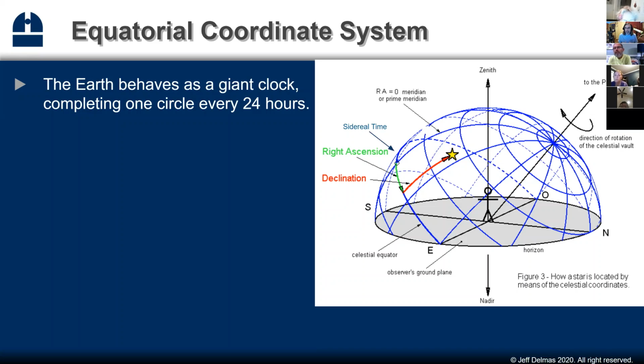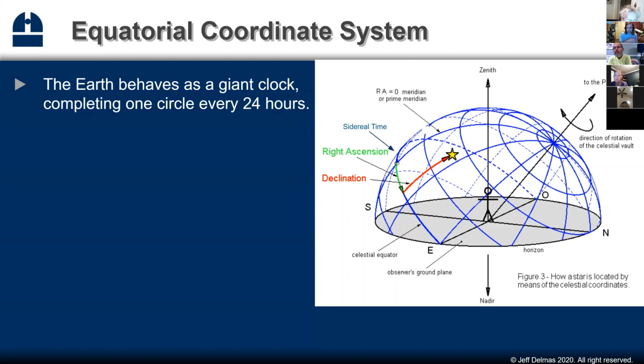Now, technically, there is a difference between solar time and what is called sidereal time, and that difference is 4 minutes, because it takes a little bit longer. The Earth in one day has moved slightly around the sun, 1/365th of its journey around the sun.